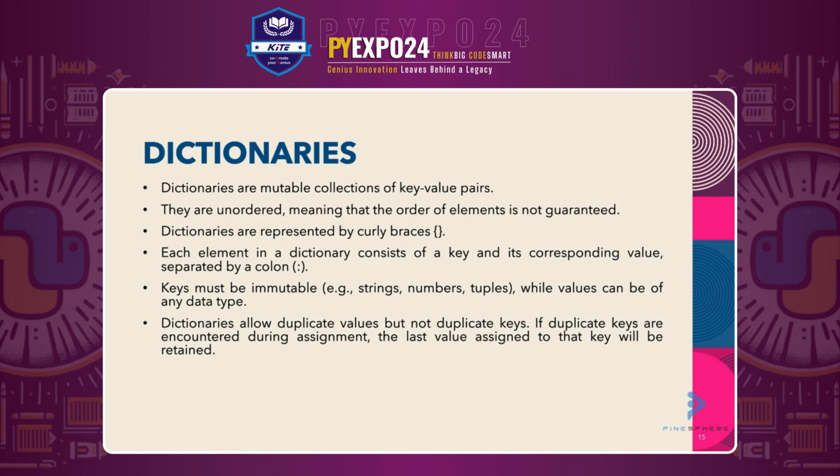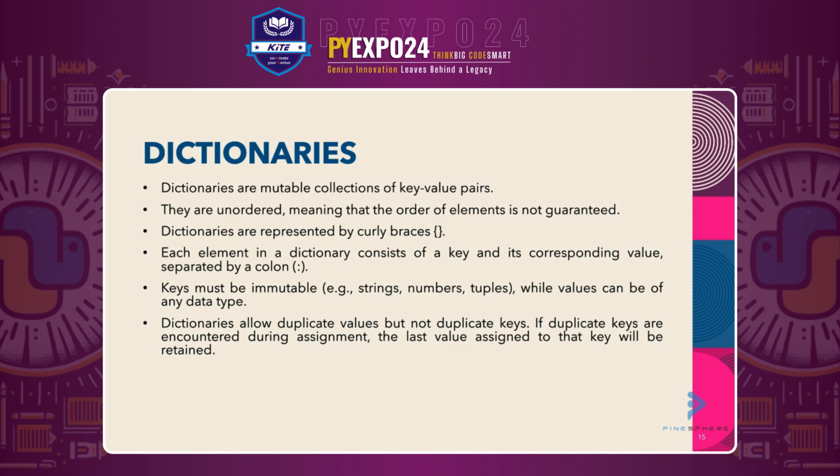The next one is dictionaries. Dictionaries are mutable collections of key value pairs in Python, which allow you to store and retrieve data based on the keys rather than numerical indices. In tuples, lists and strings, we were using index values for accessing the elements. Instead, in dictionaries, we use key values to access an element.